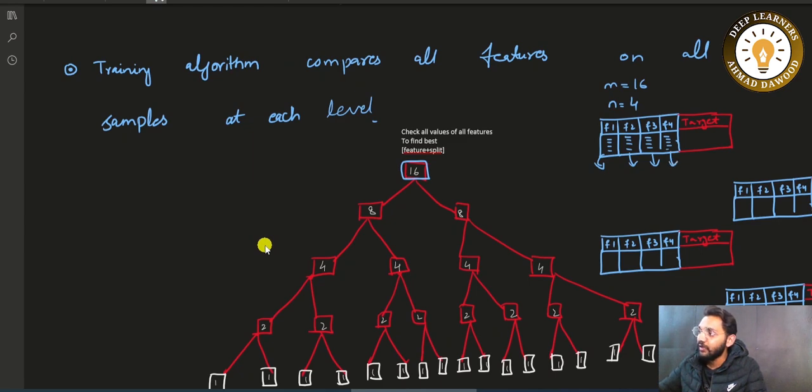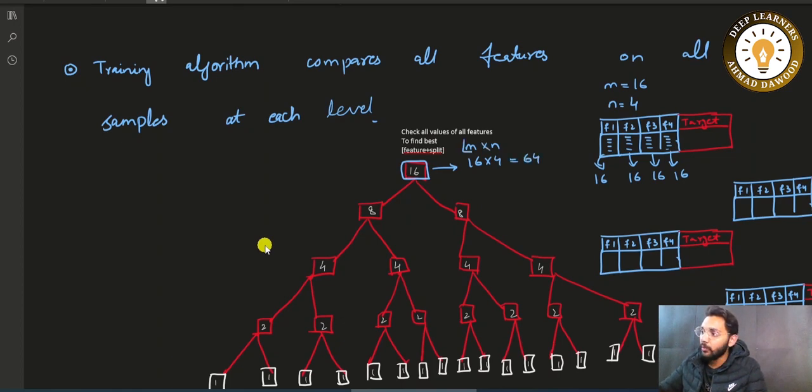So for all the values of f1, that are 16 values, because there are 16 samples, we have checked there. Then 16 samples checked for f2, then 16 for f3, and then 16 for f4. So how many values have we checked to find the best split value at the very first node? 16 into 4, where this is m and this is n, which is 64.